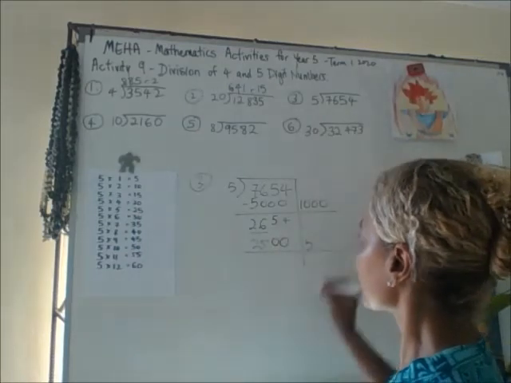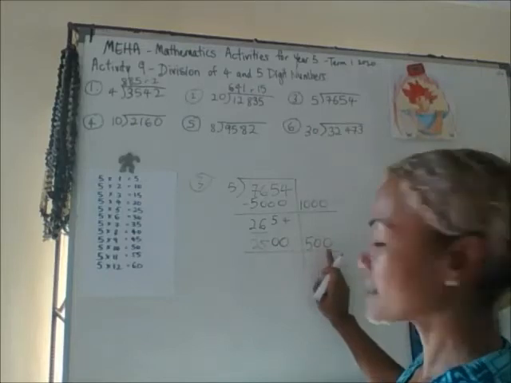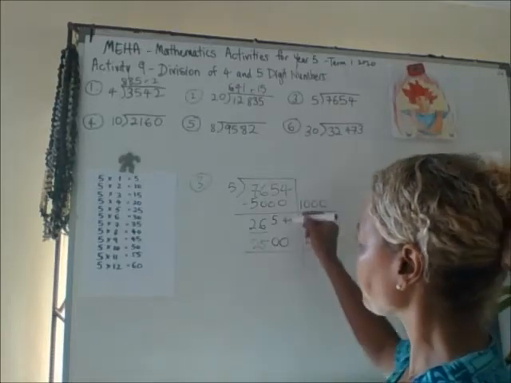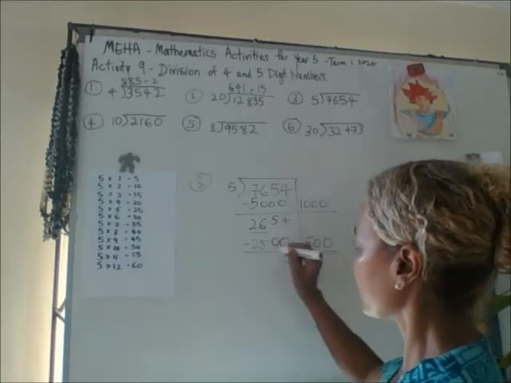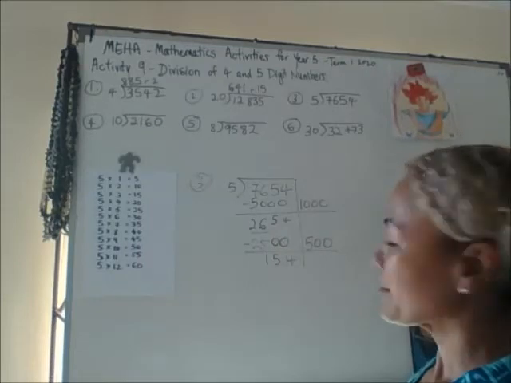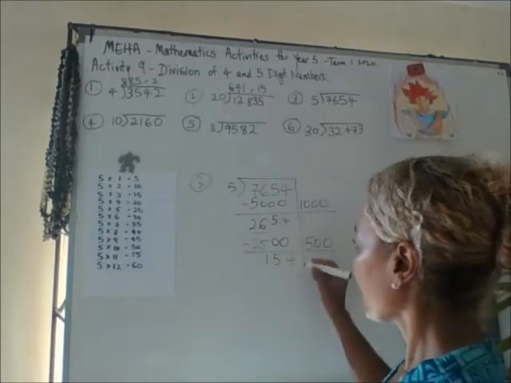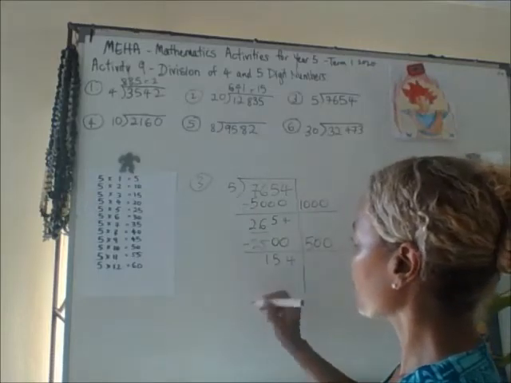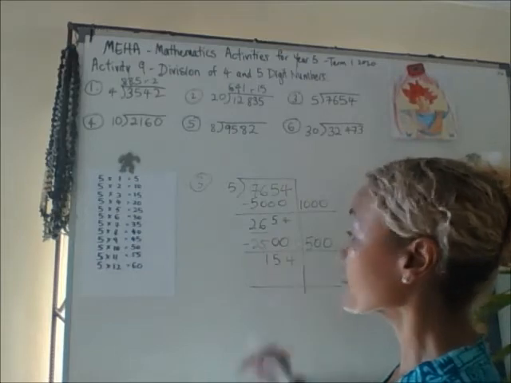Make it 4 digits. Make it another 2 zeros on this side, just like we've done over here. Subtract this. 4 left over, 5 left over, 1 left over. Right? So now you're dealing with a much reduced number, 154. Can 5 go into 1? No, it can't. Can 5 go into 15?